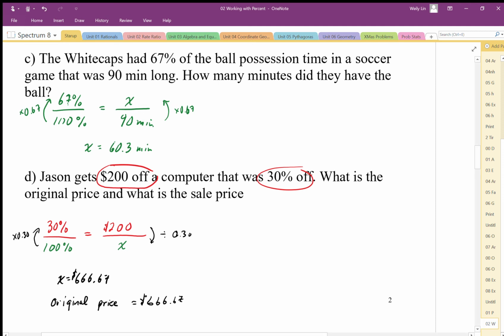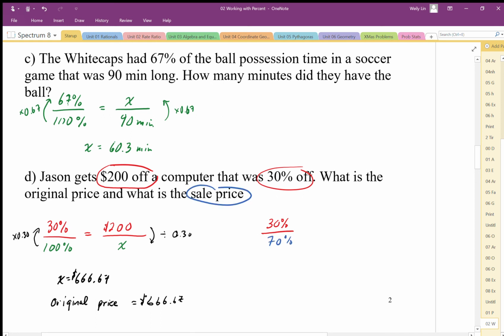Now, I want to show that we should really be able to do it like this. Remember that we can compare percentages directly in a ratio. So what we actually paid, the actual sale price, let's do this in a different color, the sale price was 70%.